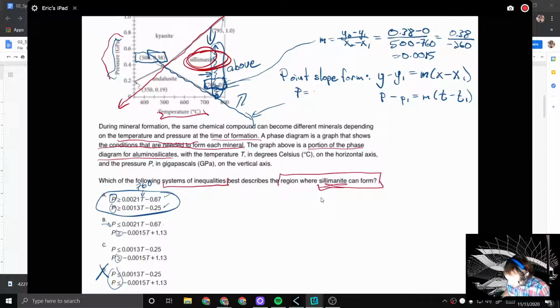So we can plug in the 760 to this equation along with our m value. So we get p minus p1 equals negative 0.0015 times t minus 760.